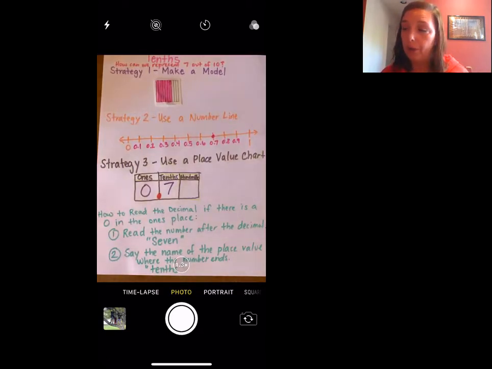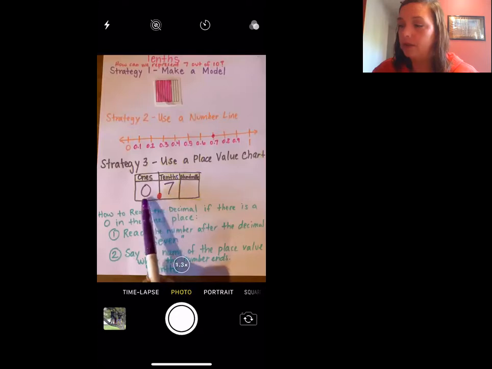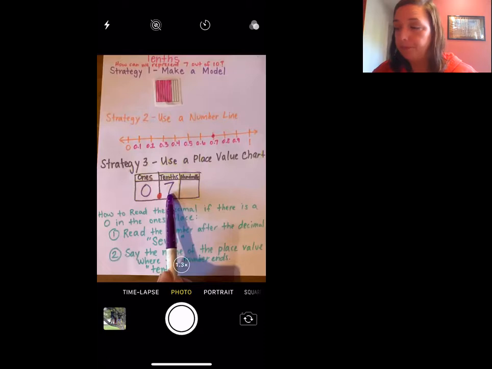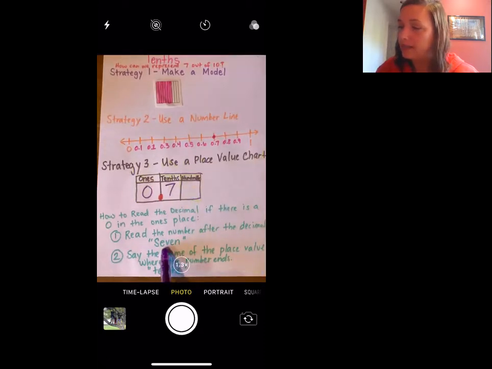If there are no whole numbers, then the first step is to read the number after the decimal, which is 7. So I say 7. Then we say the name of the place value where the number ends.